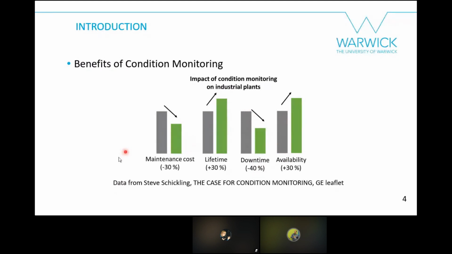That's good. That means less costs regarding maintenance and downtime, and it means increasing reliability and availability of your system. That's good from the point of view of manufacturers and end users. That's why people want to implement condition monitoring.